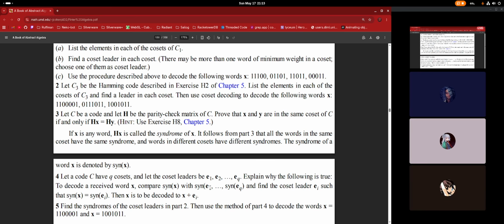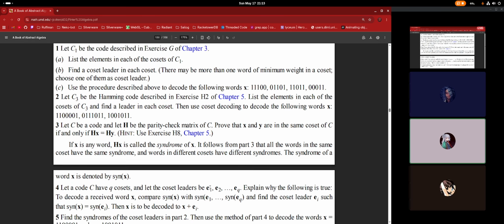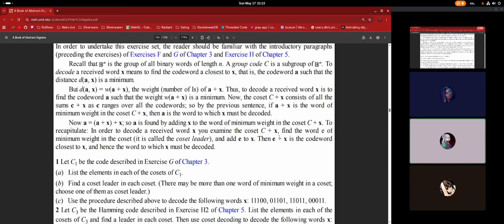Because in some sense, the leader is, well, if you go back to the definition of how you do this decoding, the leader is kind of similar to the identity element, but it's not really an identity element, right? No, it's about being the minimum weight. It's about being the best one to decode X to.